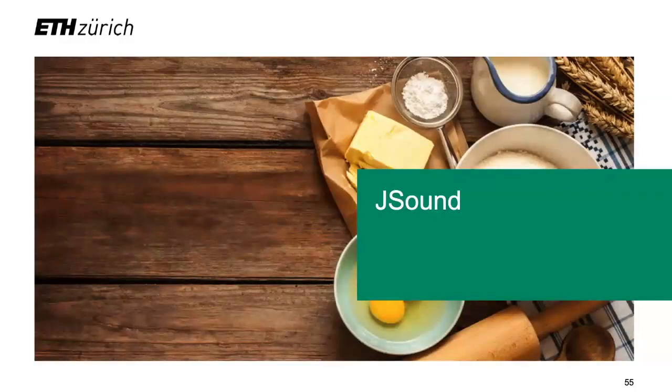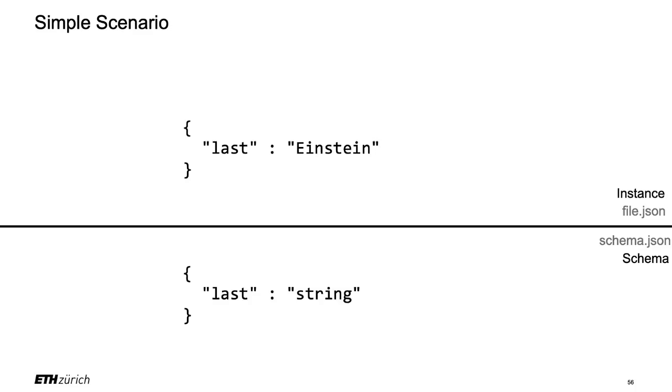Okay, so JSound. I'm just going to show you examples and then you will see the intuition. So what does it mean that we validate a document? First, it means that it's well-formed. Otherwise, we cannot validate it. So let's take a well-formed document. I'm going to put my well-formed document on the top of the screen. Last: Einstein is my well-formed document. It's also called an instance, the document that I would like to validate.